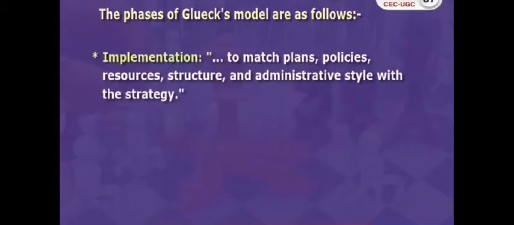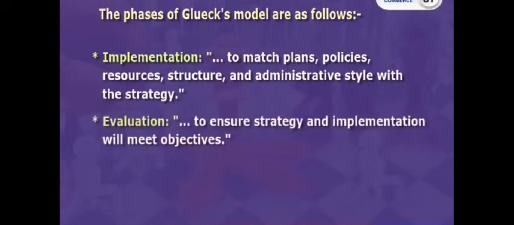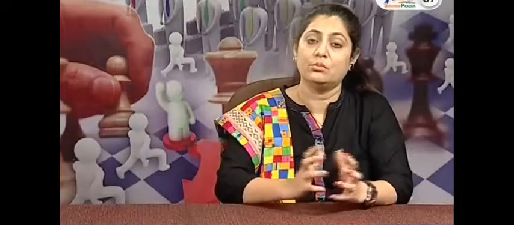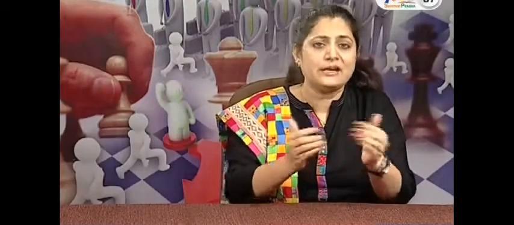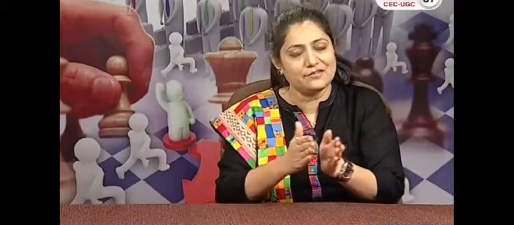Implementation, to match plans, policies, resources, structure, and administrative style with the strategy. Evaluation, to ensure strategy and implementation will meet objectives. Moreover, Gluck broke down the planning process into analysis and diagnosis, choice, implementation, and evaluation functions. This model also treats leadership, policy, and organizational factors.